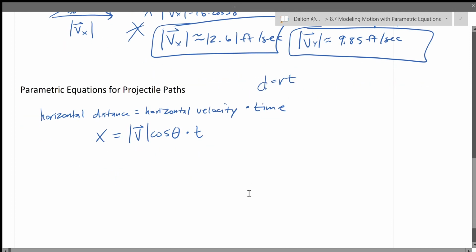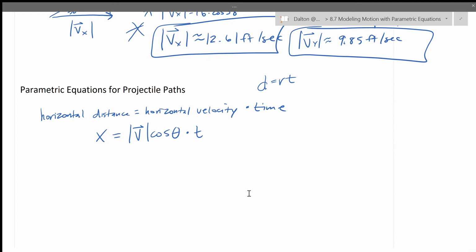Okay. Now, vertical velocity is affected by gravity, so we must adjust the vertical components. By subtracting the vertical displacement due to gravity from the vertical displacement caused by the initial velocity, then we can determine the height of the projectile after however many seconds, again using t for that. So the height in feet or meters, sometimes you're going to see, of a free-falling object affected by gravity is given by the equation.